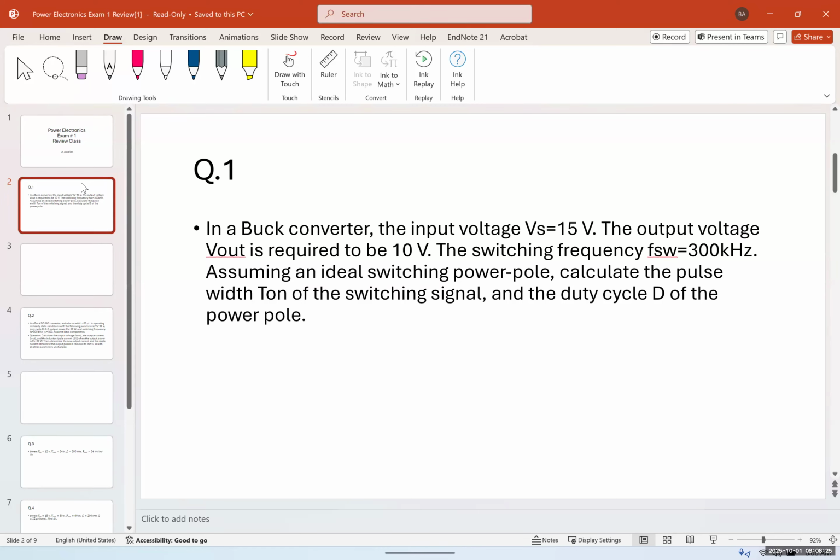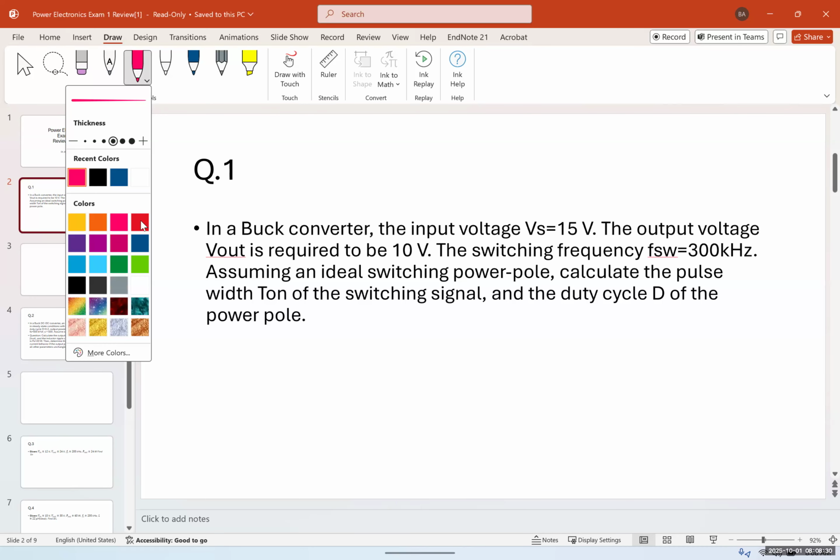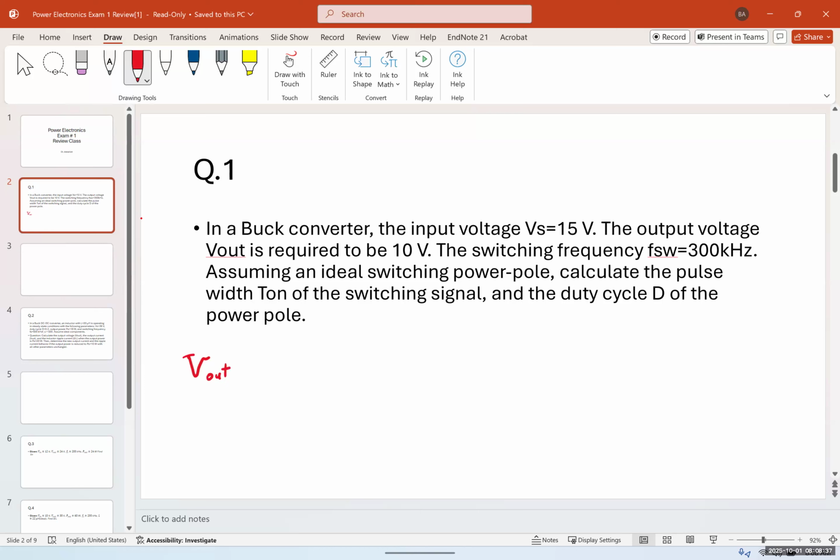Perfect. Yes. So we know that V out is equal to the duty ratio D times Vs. Therefore, D would be equal to V out over Vs. V out is 10, source voltage is 15.